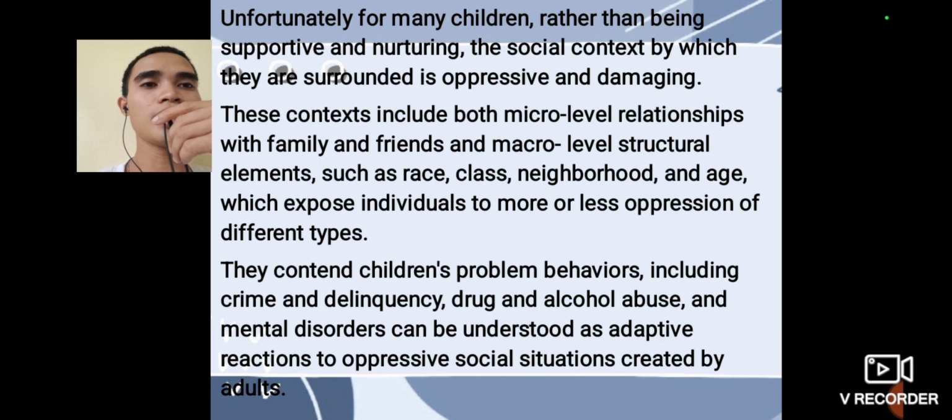Children's problem behavior including crime and delinquency, drug and alcohol abuse, and mental disorder can be understood as an adaptive reaction to oppressive social situations created by adults. So, oppression chooses no one, even if you're an adult or a child, 12 years old or 18 years old, tall or short, even if you're black or white, brown or gray, it doesn't matter.